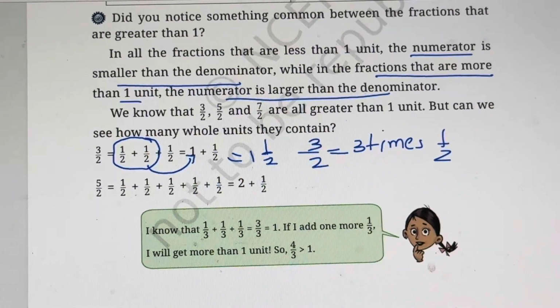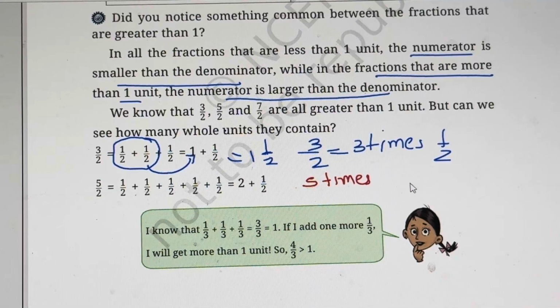Similarly, the next is 5 upon 2. Now 5 upon 2 means 5 times half. Right? So half plus half plus half plus half plus half. So if we pair half and half, you get 1. The other pair, half and half, you get another 1. So 1 plus 1 is 2 and a remaining half. So you can write this as 2.5.